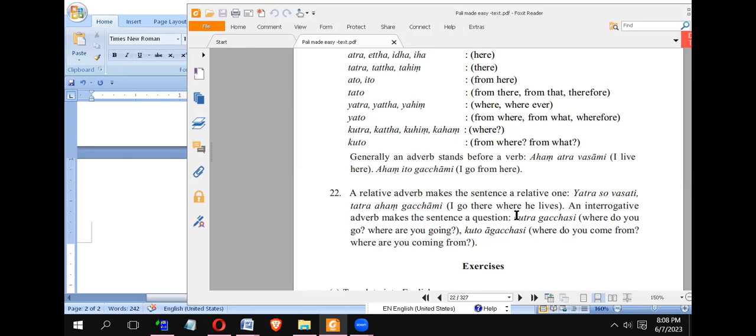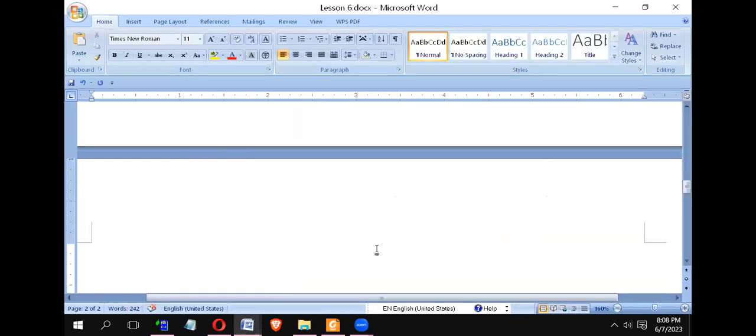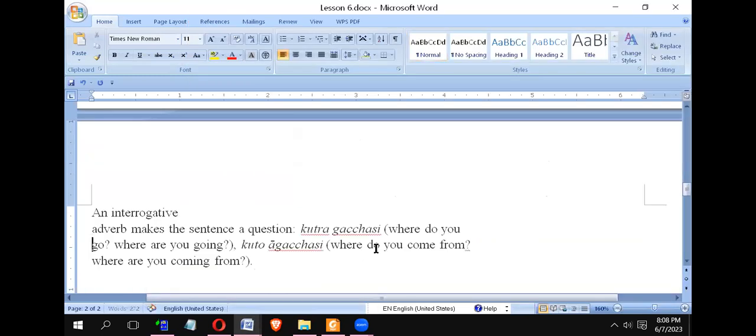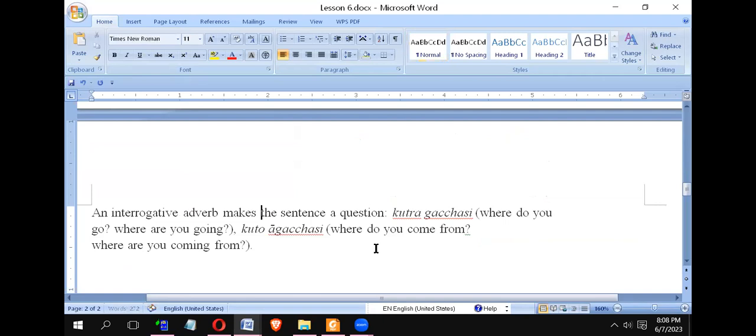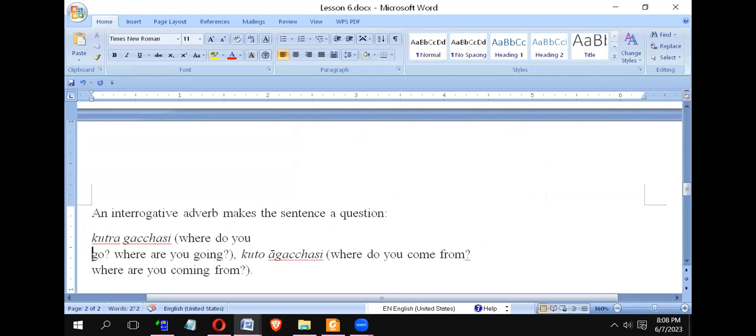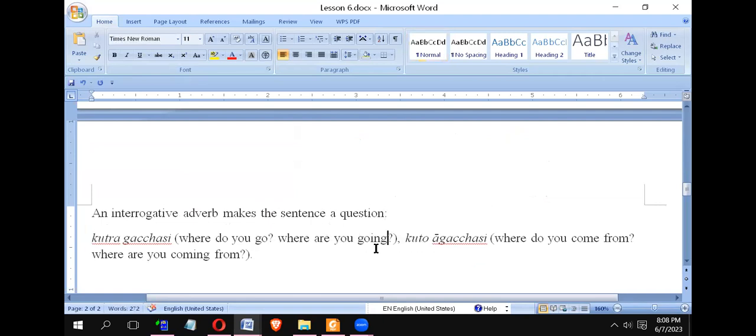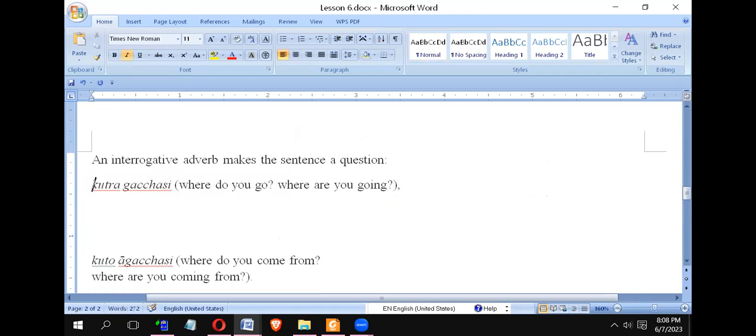So here, this one is all present tense. So far it has nothing to do with the imperative.